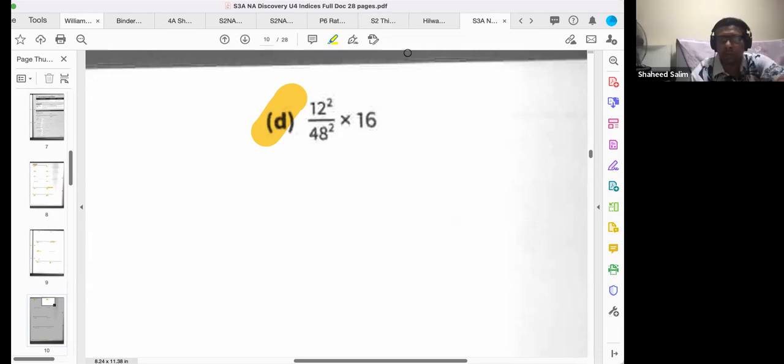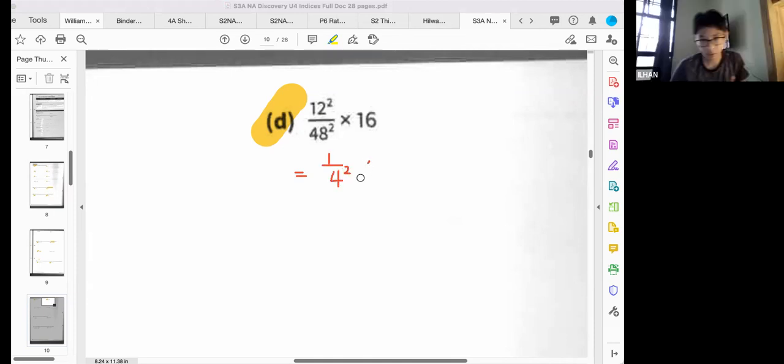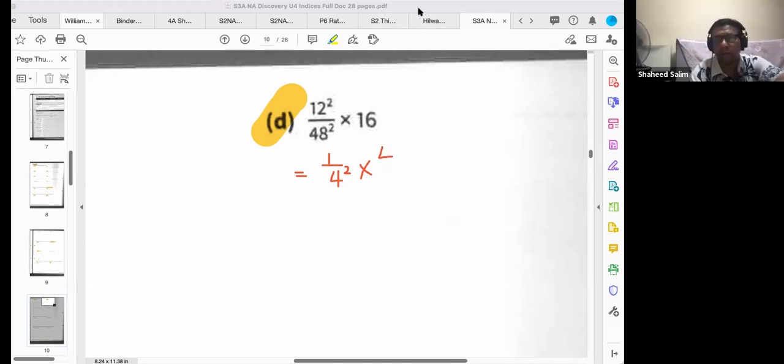Well done. Did you get 1 over 4 down here, or 1 over 4 to the power 2, something like that? Then down here is also 4 to the power 2, right? So then you can cancel. So index notation allows us to do the division without calculator, easier. Like that, equals to 1.